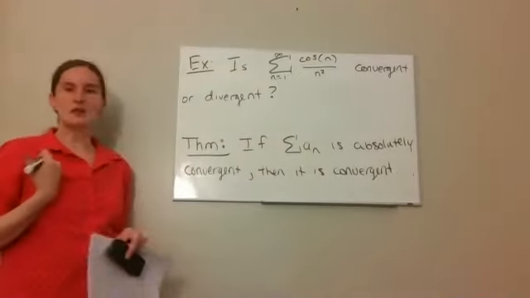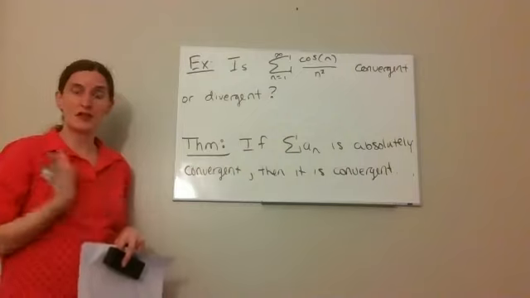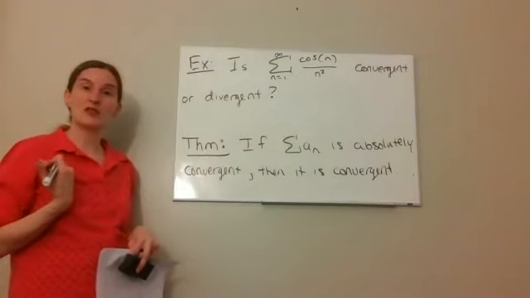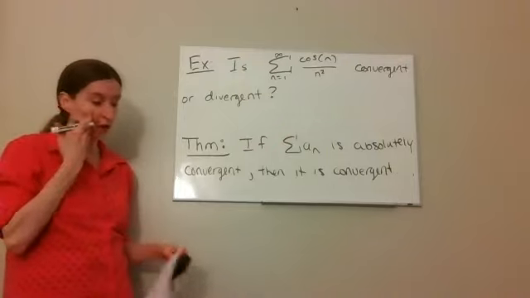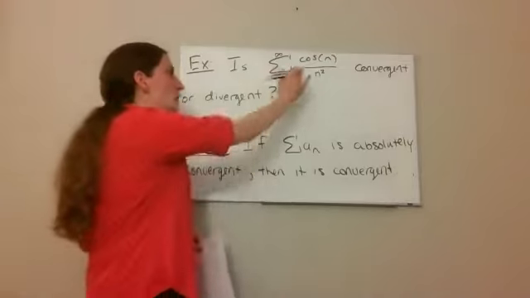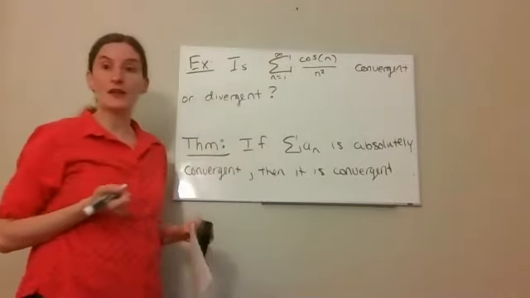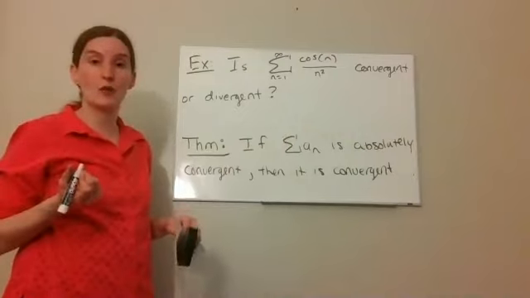So all that we have to go off of here is just the series definition. There's nothing indicating that we should do any sort of test to figure out if this converges or diverges. But I would like to point out that we know that cosine is not always positive and it's not always negative. It ranges between -1 and 1.